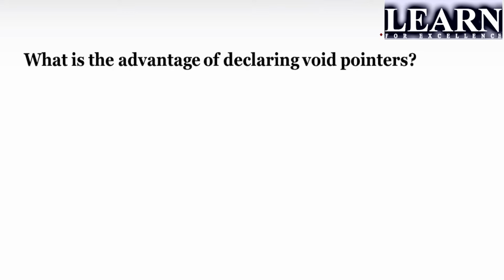So when the specific data type of the data the pointer is pointing to is not known, at that time we will declare a void pointer.